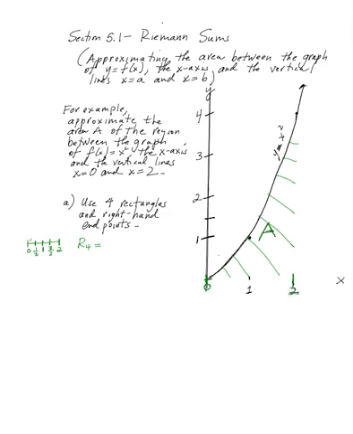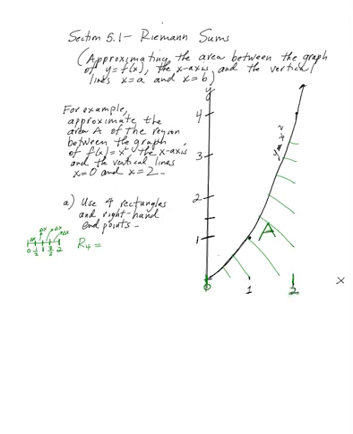Each one of these little widths is called a delta x. The distance between successive tick marks here is called delta x. That's called the width of a subinterval.